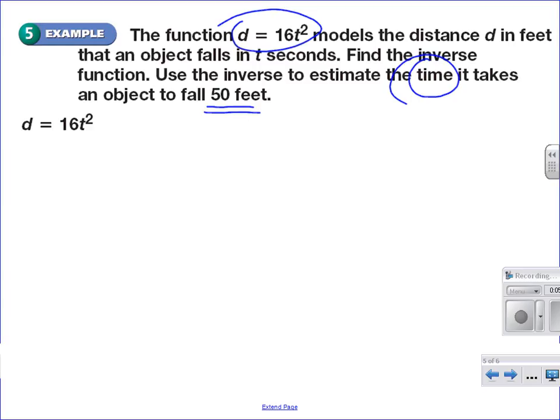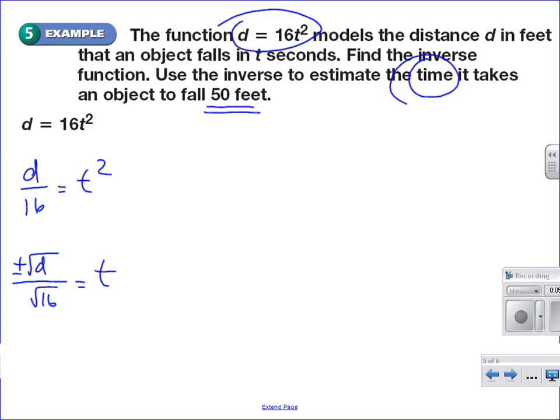So this kind of makes sense. I want to take this equation and set t by itself. Even though we've been flipping x's and y's, since time is a specific thing, it's not just some variable that we're plotting. I can basically say d over 16 equals t squared. Take the square root of both sides. And so that's t.